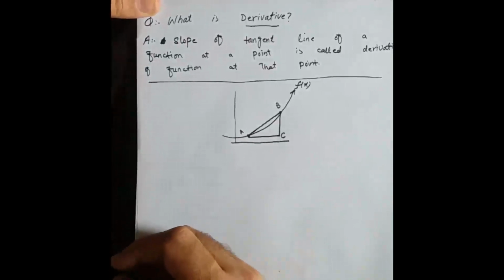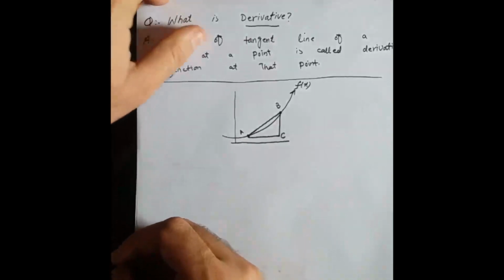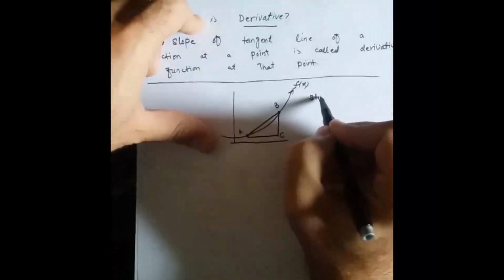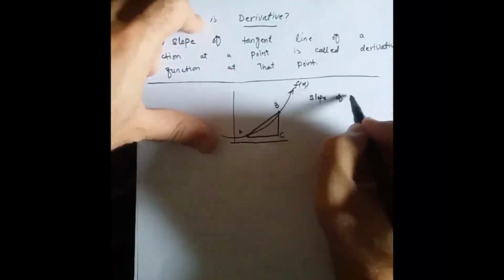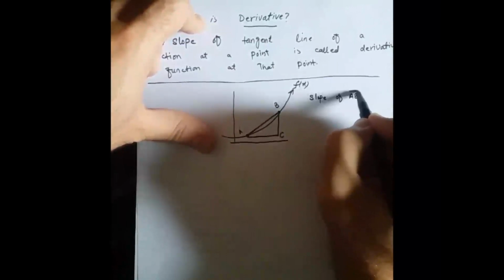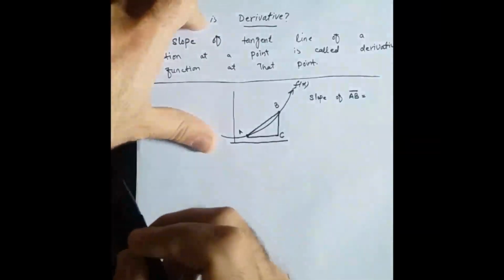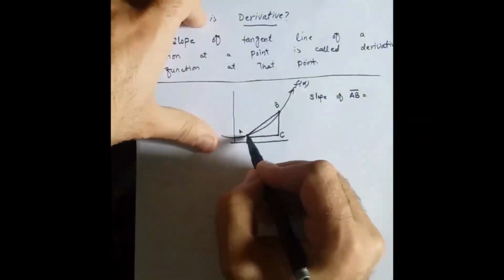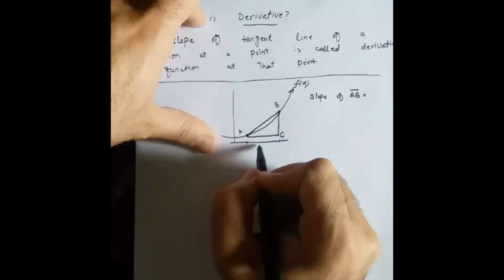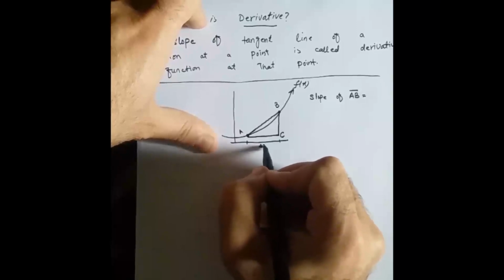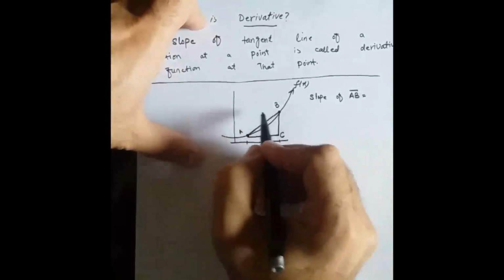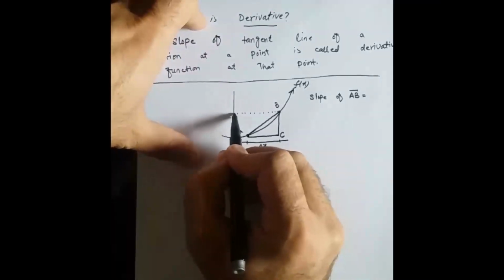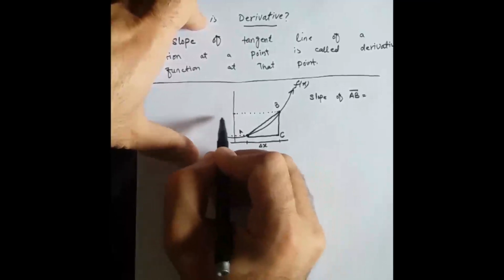Now, according to this right angle triangle, the slope of AB is, taking this distance along the x-axis delta x and this distance along the y-axis delta y.